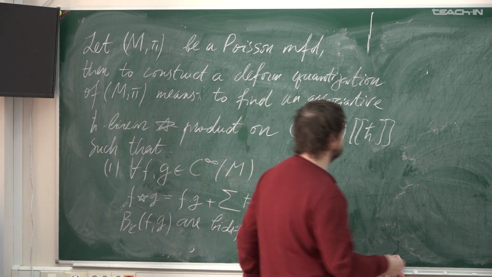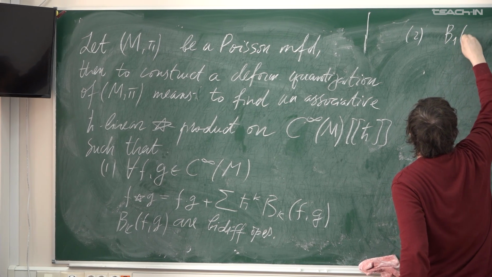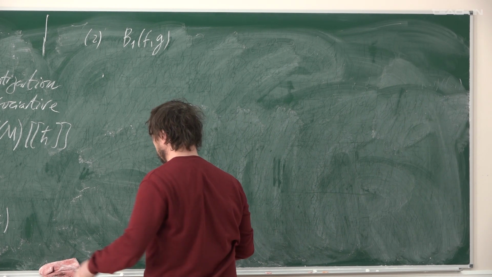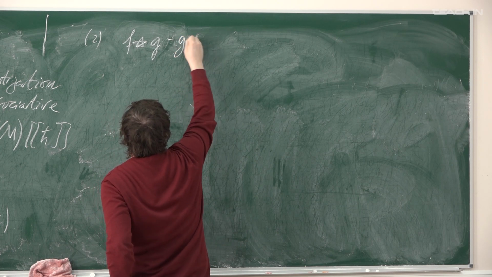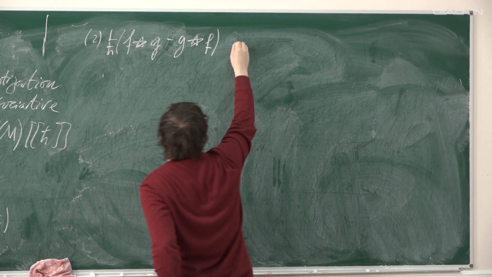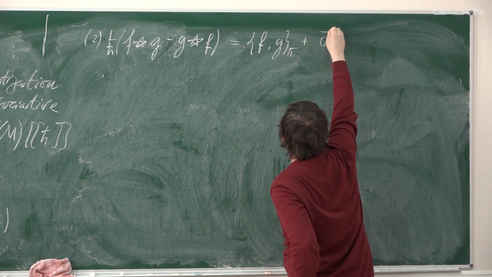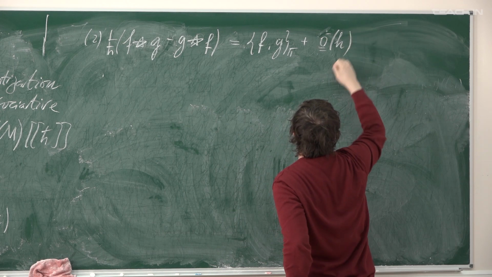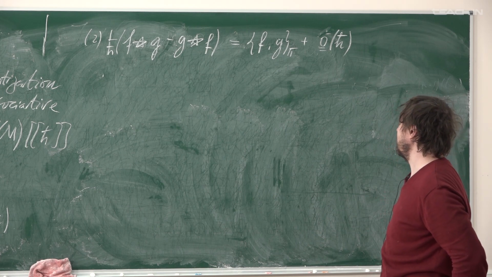Second, let's put it like this: f star g minus g star f, divided by h bar, will be equal to the Poisson bracket of f and g with respect to pi, plus something which has the form h bar times something. So modulo h bar, it is like this.